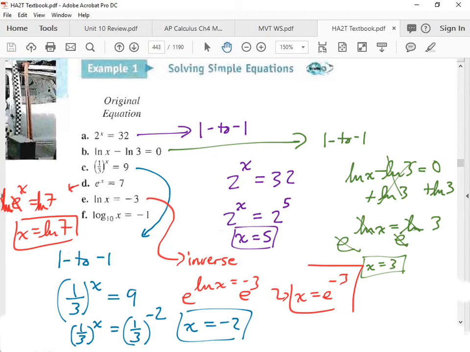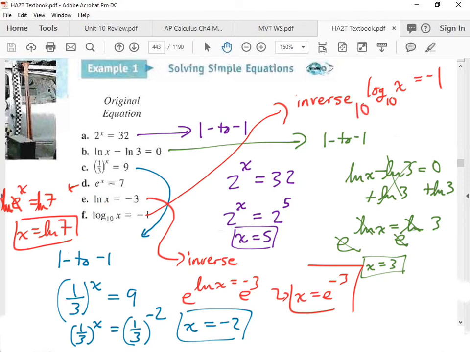Okay, last one. We're going to use inverses yet again. I use inverses the most. We have log of x equals -1. Now, I don't have to use a 10 because the regular log, the common log, has a base 10. But I'm going to go ahead and write it anyway so you don't get confused.